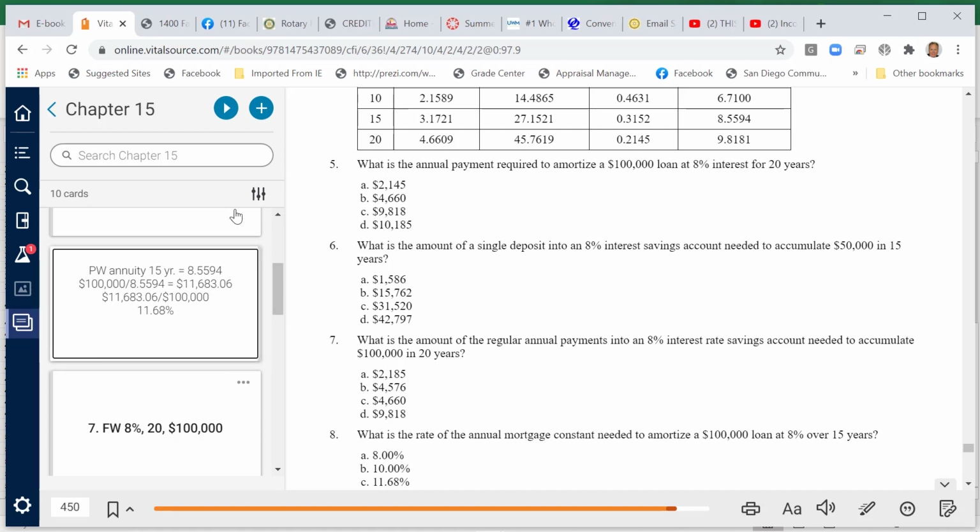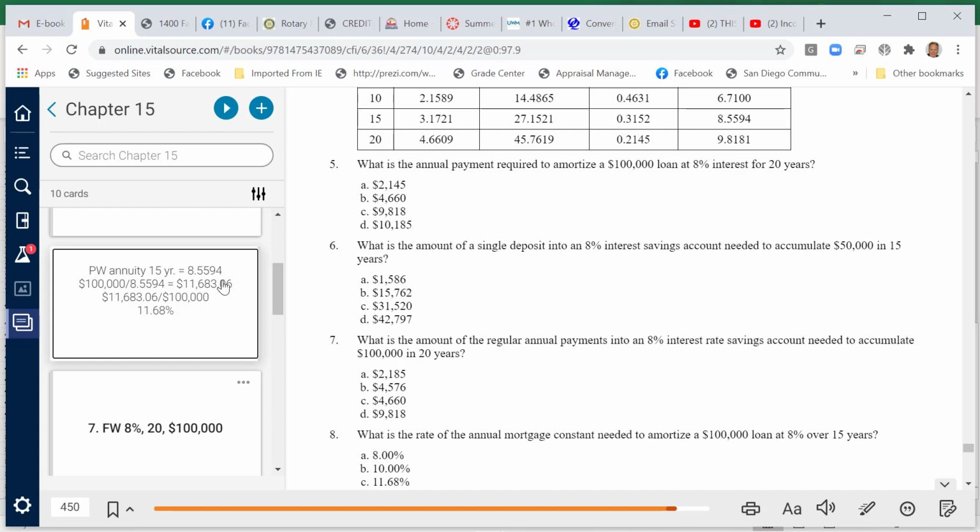So if I do that, I'm going to go up to my table here under 15 years for the present worth of annuity and grab this factor, which is 8.5594, divide that into $100,000. That comes out to $11,683.06. Okay, so that's going to be my principal and interest to amortize the loan and pay it off.